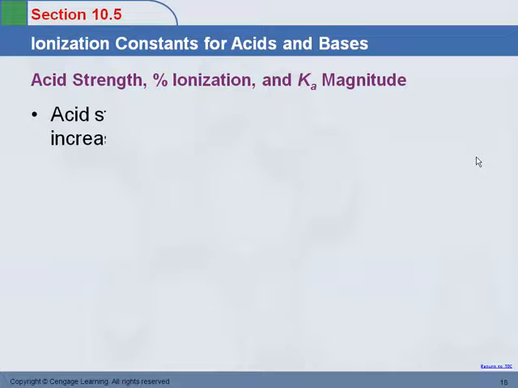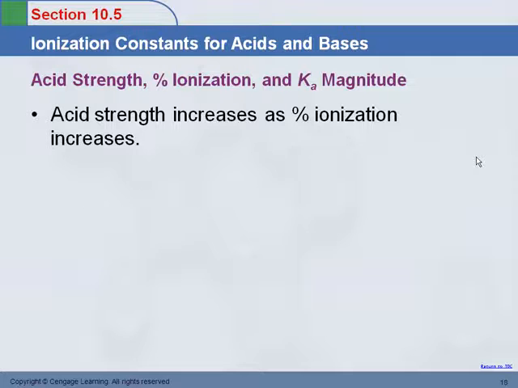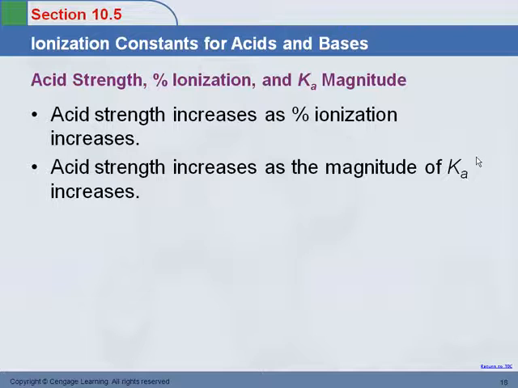So that size of Ka is going to be related to the strength of the acid, right? Because if I have a weak acid, then I don't form very many products, which means that my product concentration is very small, and my reactant concentration is very large, which means Ka is a pretty small number.